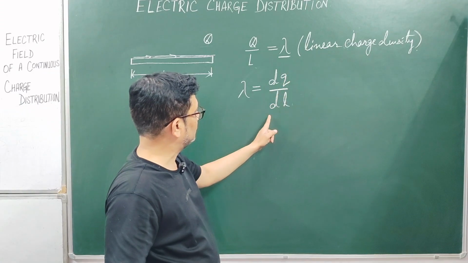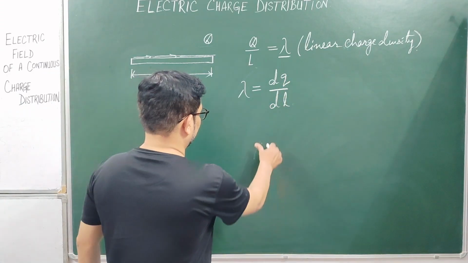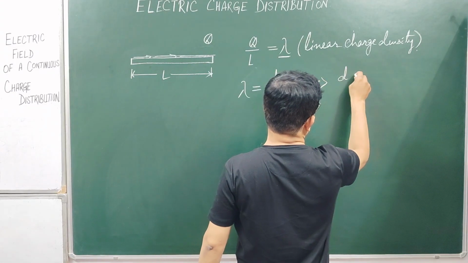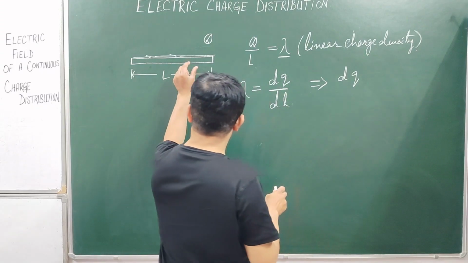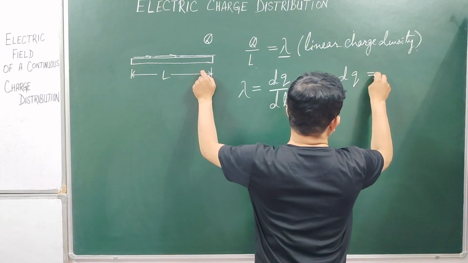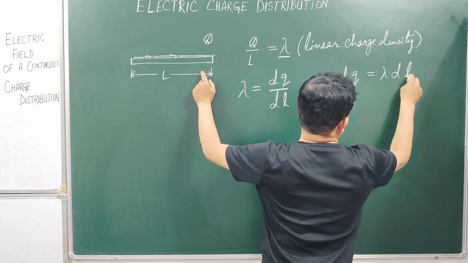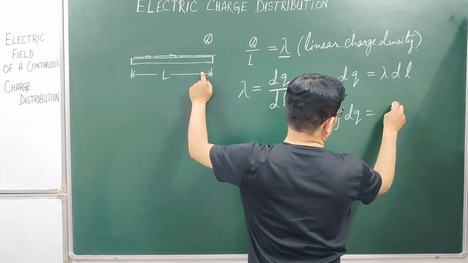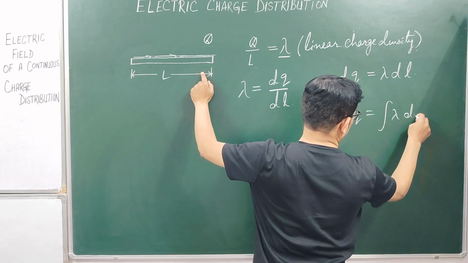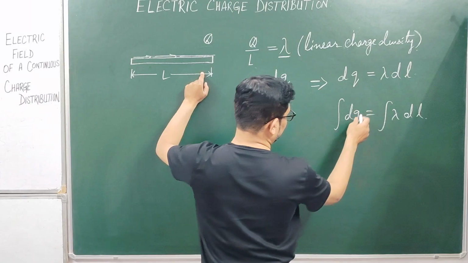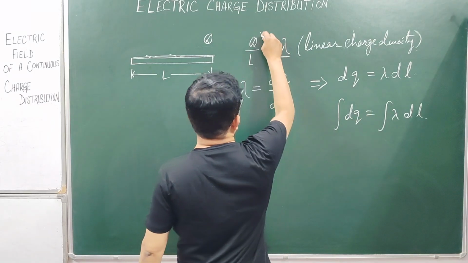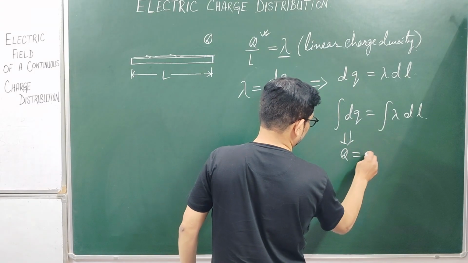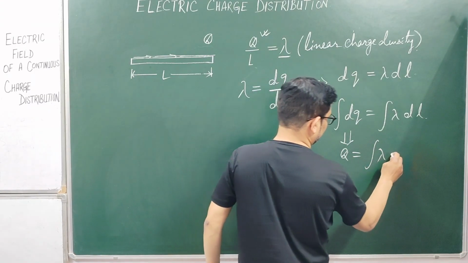It implies that dq, the elemental charge in that particular length, is equal to lambda dl. And if you integrate both sides, the integral of dq is going to be q, right? So upon integration, the net charge q is equal to the integral of lambda dl.